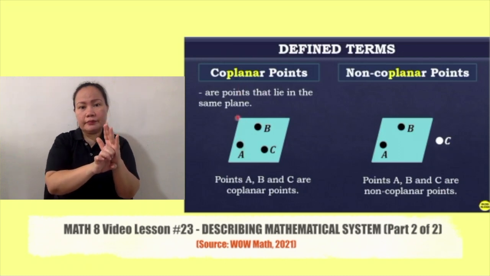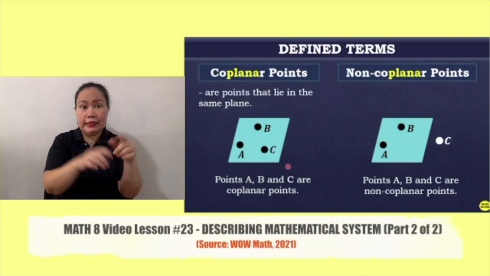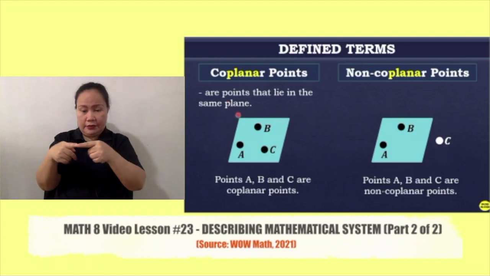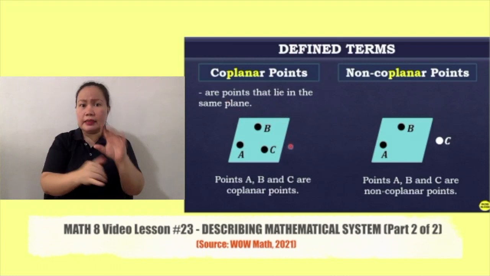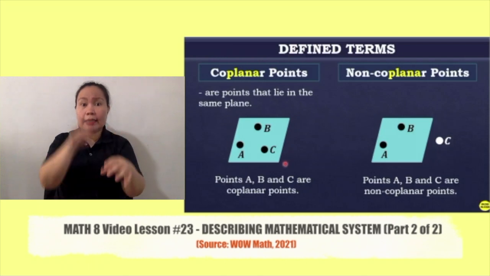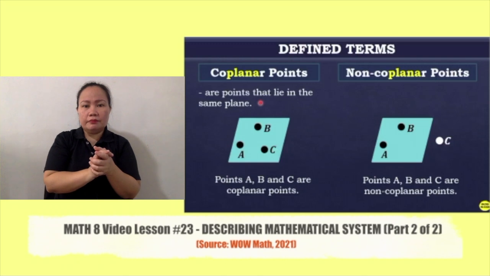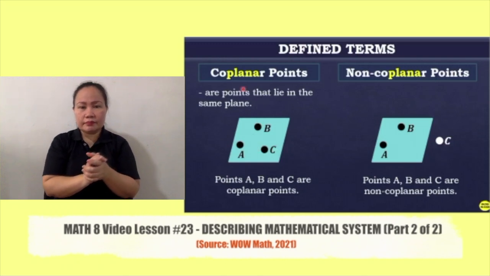For example, here is point A, here is B, here is C. Is that still coplanar? Yes, because they are on one plane. Even if A, B, and C are placed at the corner. So these points that lie in the same plane are considered coplanar points.